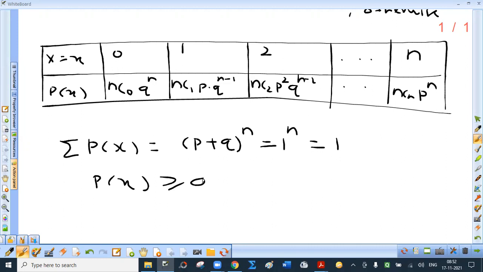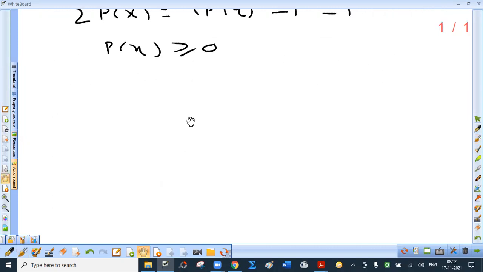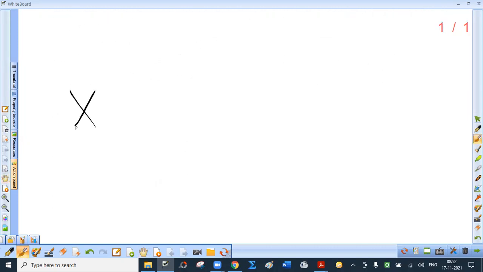Clearly, p plus q equals 1, so q is nothing but 1 minus p. Here we use an important notation. We write capital X ~ B(n, p). We read this as X follows binomial distribution, that is, the random variable X follows binomial distribution with parameters n and p.